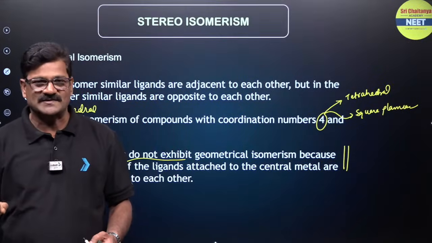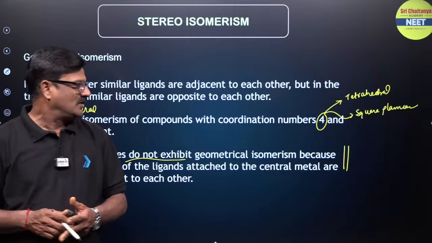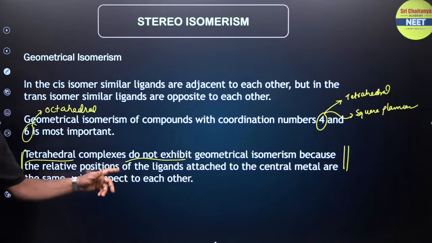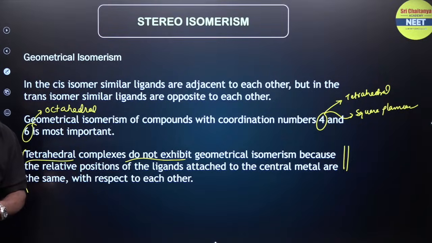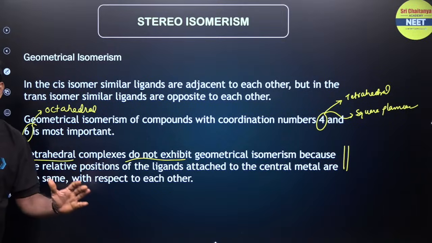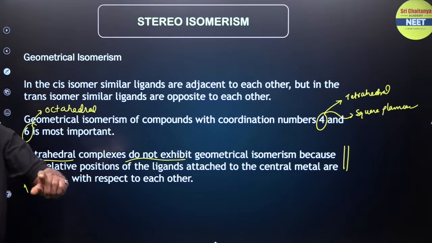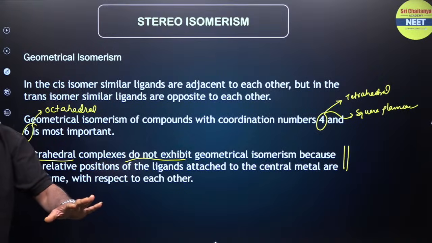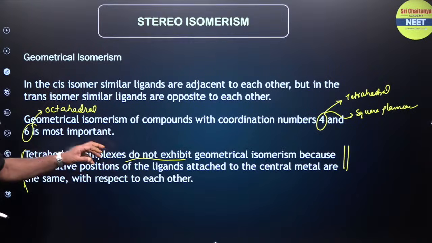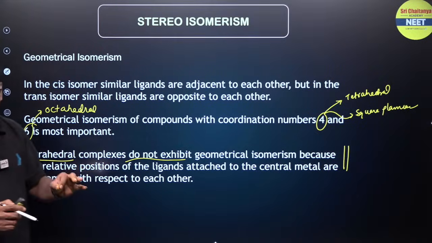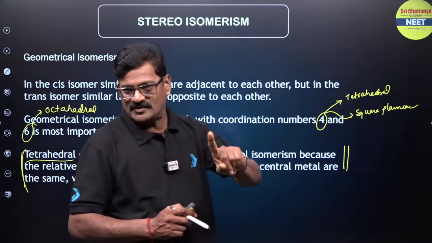Either it could be CBSE or NEET examination, bachcho. Look at this. Tetrahedral complexes do not exhibit geometrical isomerism because the relative positions of the ligands attached to the central metal are the same with respect to each other. If you write these 2 lines in the CBSE examination paper, 1 mark will be yours.